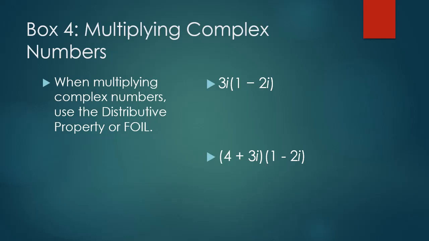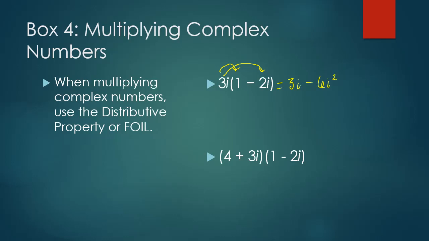So in our example 1, are we using distributive or FOIL? Distributive. So we're going to distribute 3i, and again, you're going to treat it just as if you would treat an x. So we have 3i times 1 is 3i, and we have 3i times negative 2i, which is negative 6i squared.